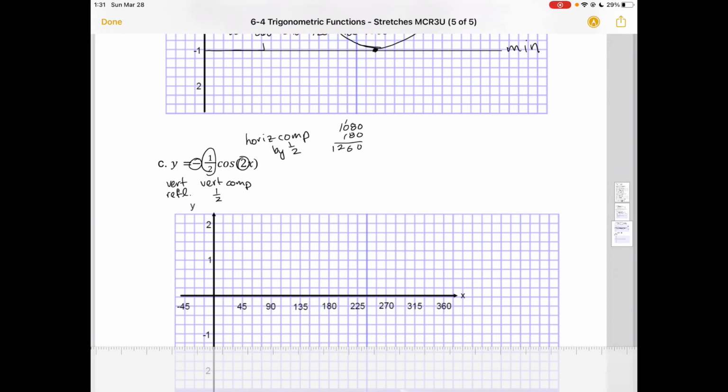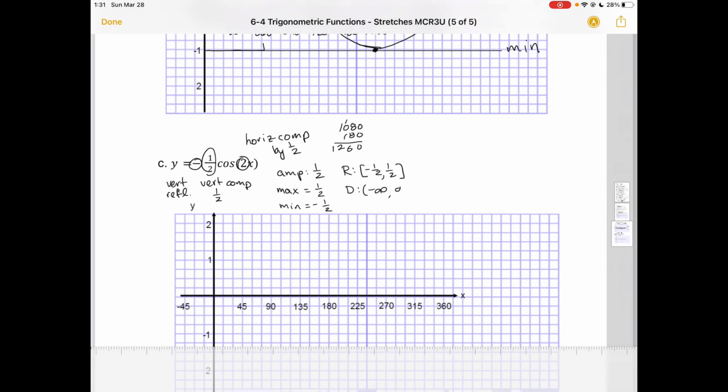So let's list my characteristics, and then I'm going to plot. My amplitude is now equal to that A value, which is 1/2. My maximum value is 1/2. My minimum value is -1/2. And my range is going to be in between those minimum and maximum values.